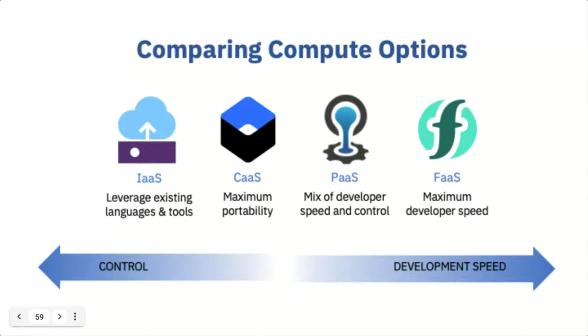When trying to decide which of the offerings is most suited to you, one way to look at it, which isn't necessarily the most helpful way, is how much money you have to spend. When we're talking about IaaS, we're talking about things like VMs, IBM Cloud's virtual server for virtual private cloud.